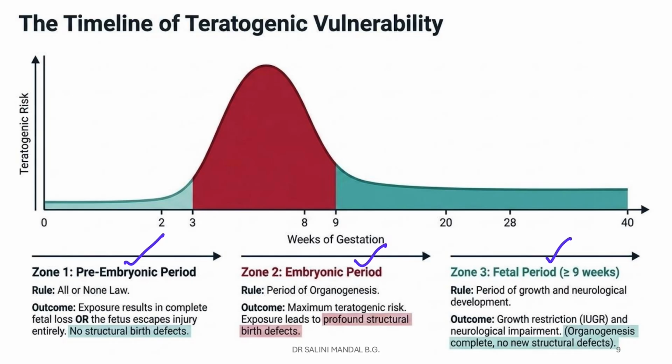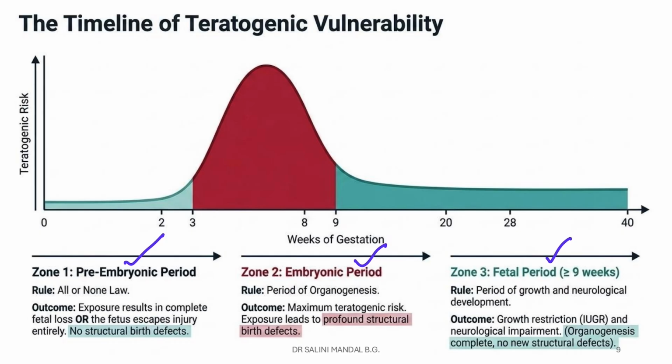So these are the 3 zones. Remember, pre-embryonic period, all or none law. That means either there is going to be a fetal loss, or the fetus is completely going to escape any kind of injury. Then we have the embryonic period. In the embryonic period, maximum structural deformity is going to occur, because that is the period of organogenesis.